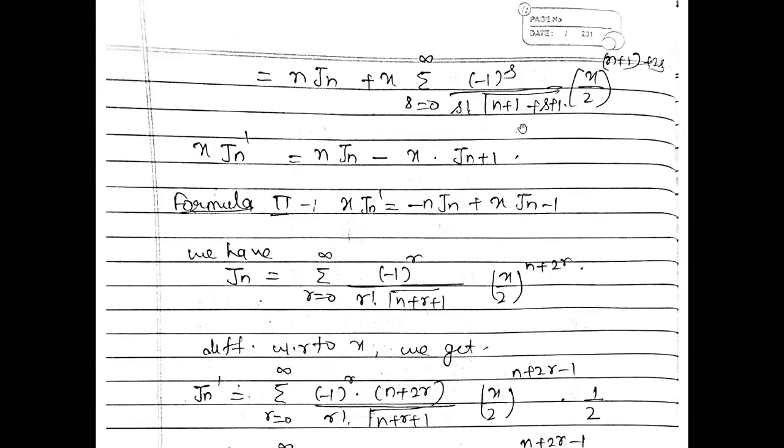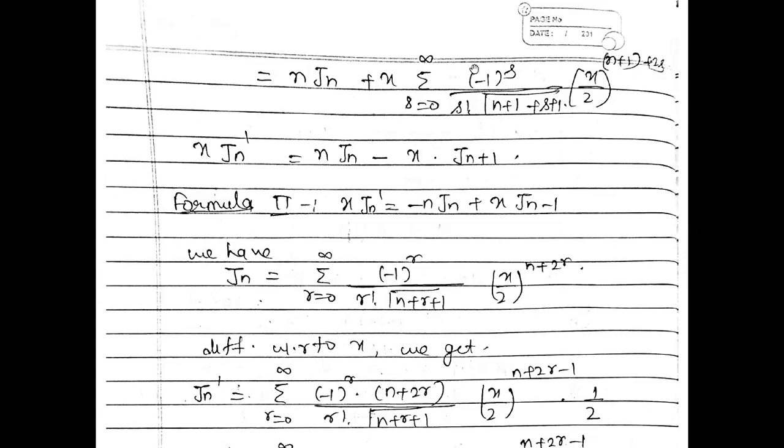So just arrange these terms. So s equal to 0 to infinity, (-1) to the power s upon s factorial. This is step n plus 1 plus n, s plus 1, x by 2 to the power n plus 1 plus 2s. So we can see here that summation r equal to 0 to infinity, (-1) to the power r upon r factorial, some plus n plus 1 plus r, x by 2 to the power n plus 1 plus 2r, right?